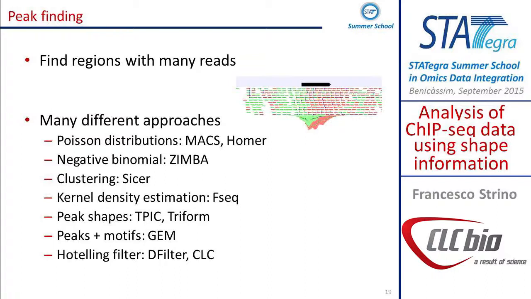You can look at something related to peak shapes, using some statistics on the shape. There are also ideas of taking the peaks and looking at specific DNA motifs. Another approach would be to use a Hotelling filter, which I'm going to talk about later, and that was used by the filter and also by the CLC one.